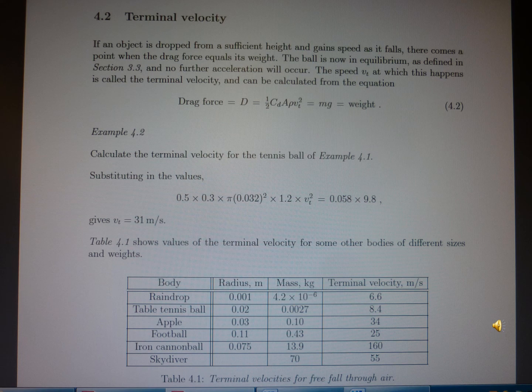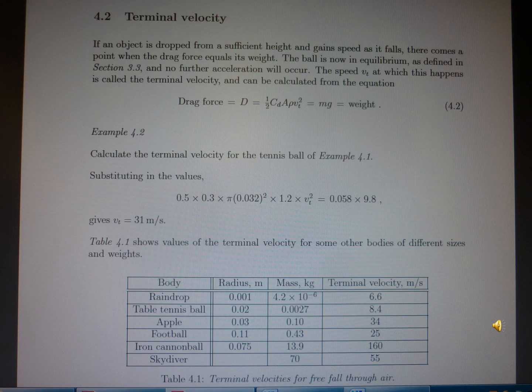So for the tennis ball we substitute into the equation: the half is 0.5, C_d is already given as 0.3, and the area is pi multiplied by 0.032 squared, and rho is 1.2, and v_t is unknown, equal to the weight, 0.058 multiplied by 9.8. So by solving this, the velocity v can be calculated as 31 meters per second.